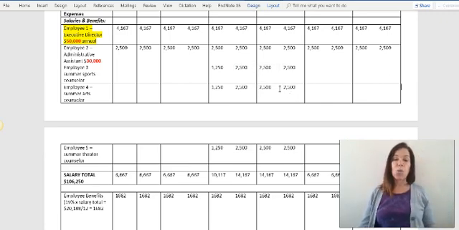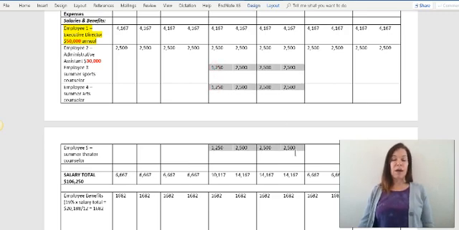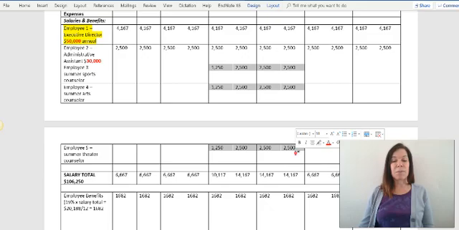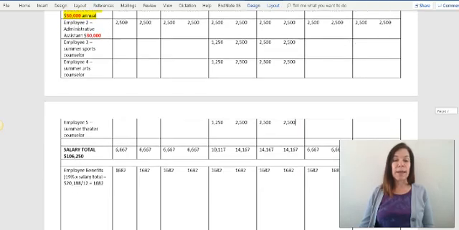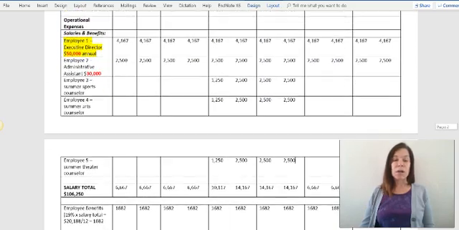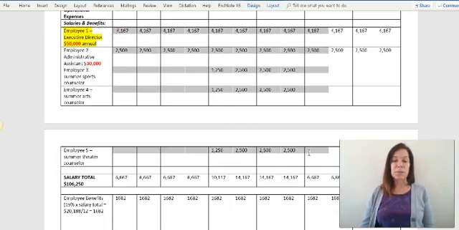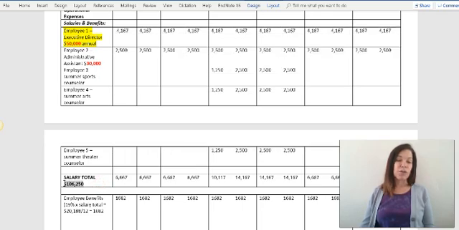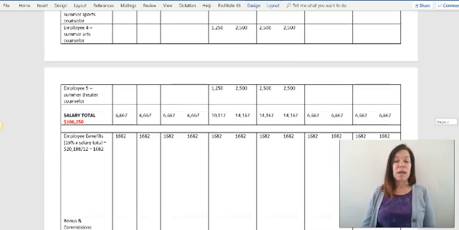All right, so we are only paying these 3 employees for 4 months out of the year, and this is where we plug their money in. Okay, so let's come down here and take a look. When I add up all of this money right here, I come up with salaries of $106,250. That is the total amount of salaries I need to pay in this first year.